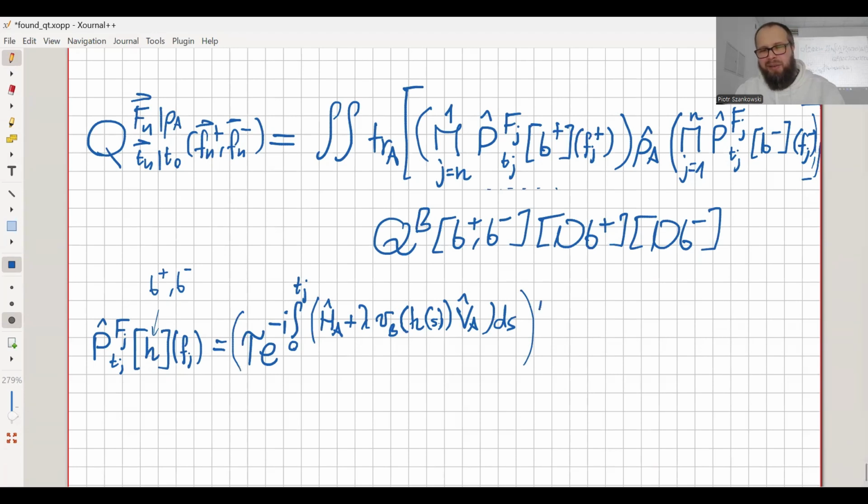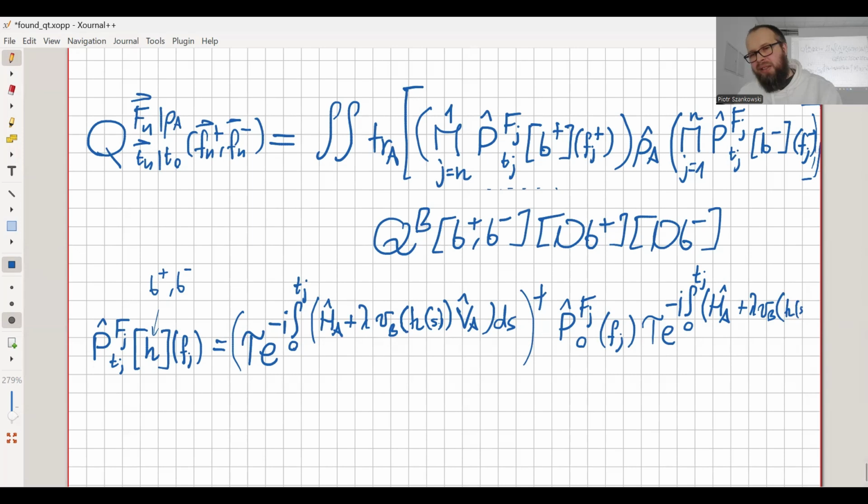According to our convention, we have to take the dagger here, P, F, J. So this is just a standard projector. And here we have a propagator going the other direction in time: H A plus lambda V B of H at S times V A dS.